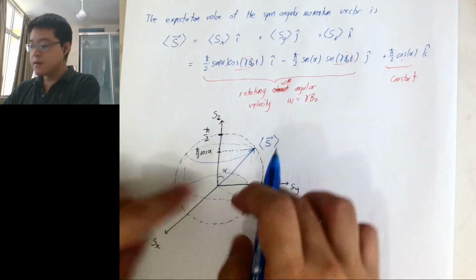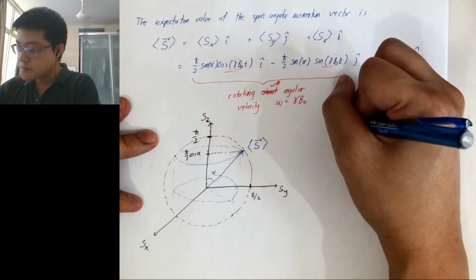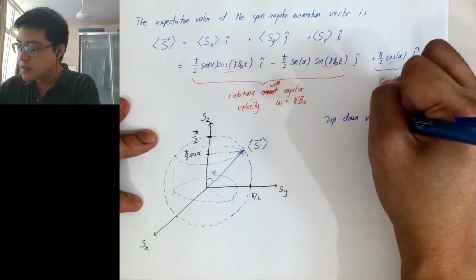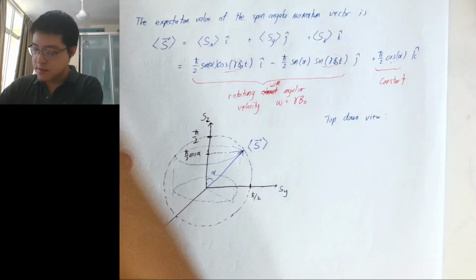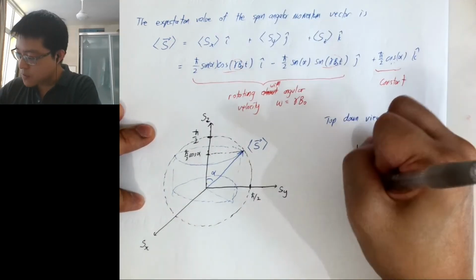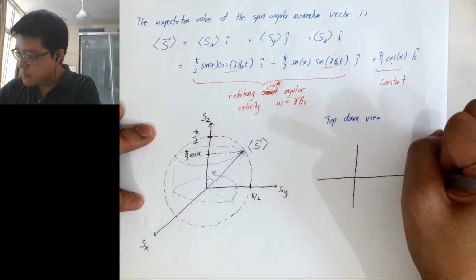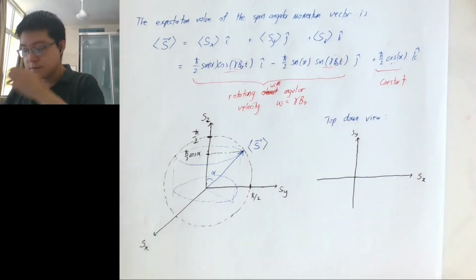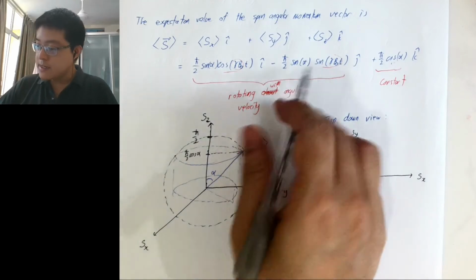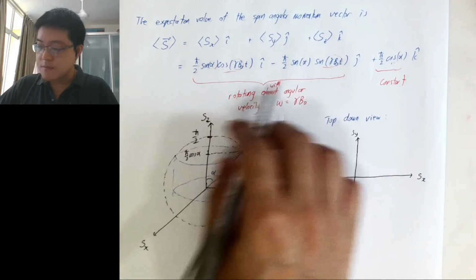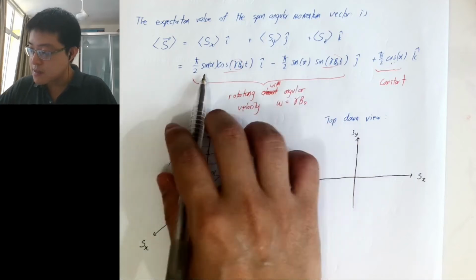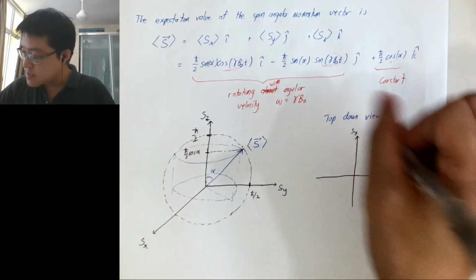So in fact, let us draw the top-down view. That means we draw the x and y coordinates only. If I just draw the x and y coordinates, what do I get? So sx, sy, right? It is rotating. This represents the equation of a circle, and what is the radius of this circle? H bar over 2 sine alpha.